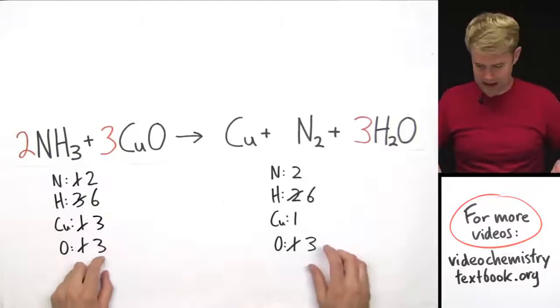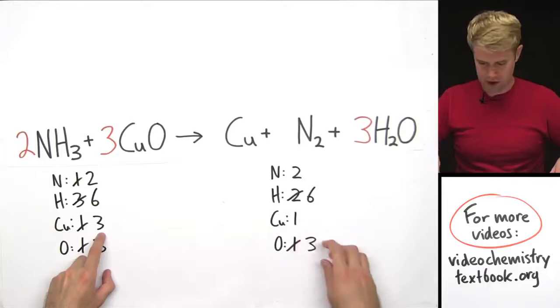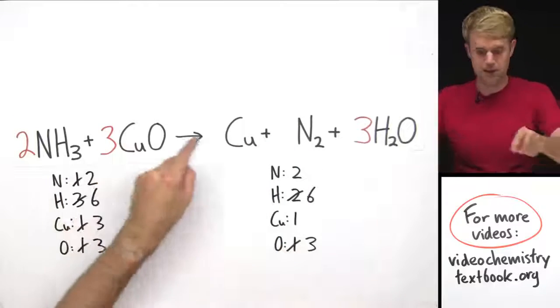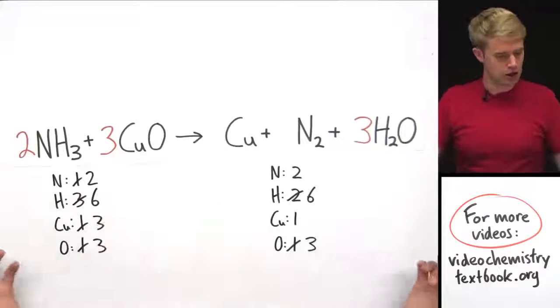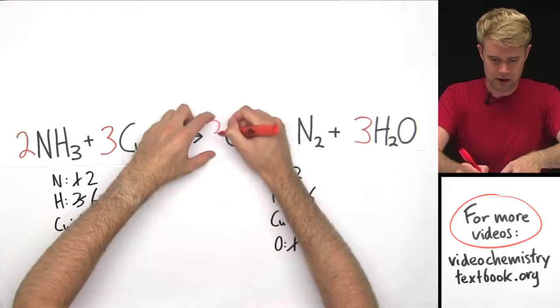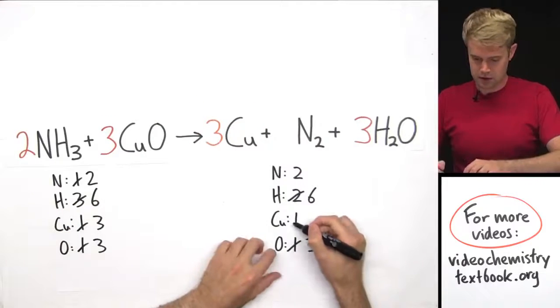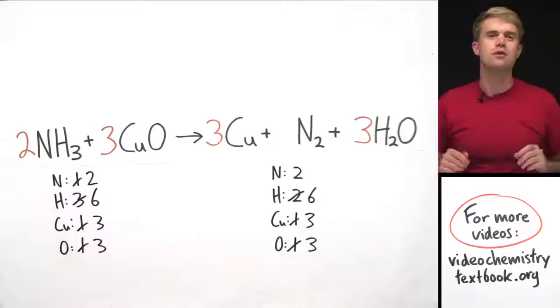Okay, so now my oxygens balance, but my copper is still a problem here. So what I need is 3 on this side because I have 3 on that side, but luckily copper is by itself. So that's what I say, like at the very end you can go through and fix this stuff. So I'll put a 3 there in front of copper. So 3 times 1 gives me 3 for copper. So this balances now.